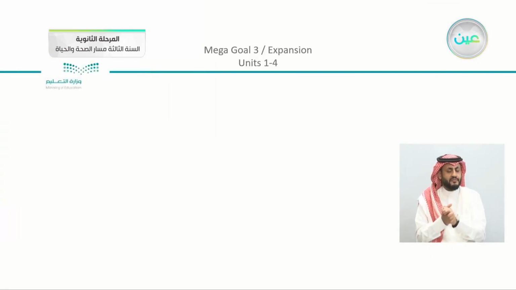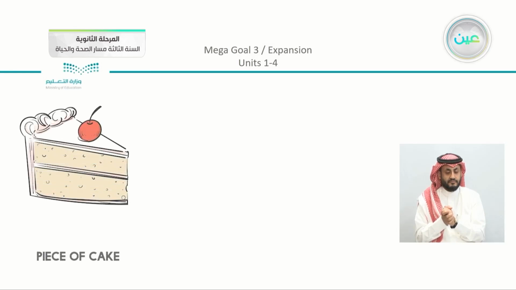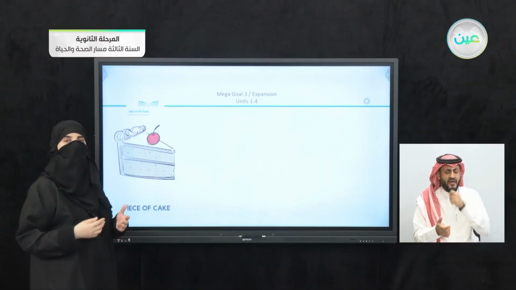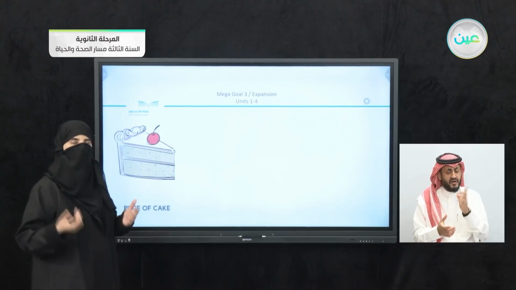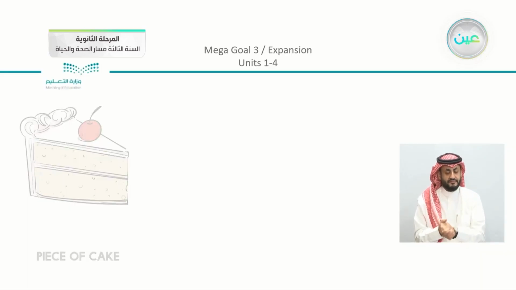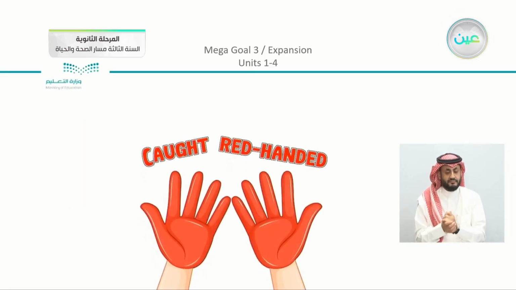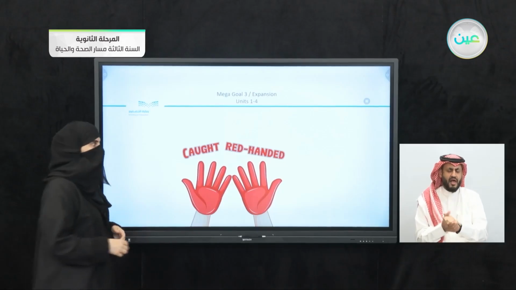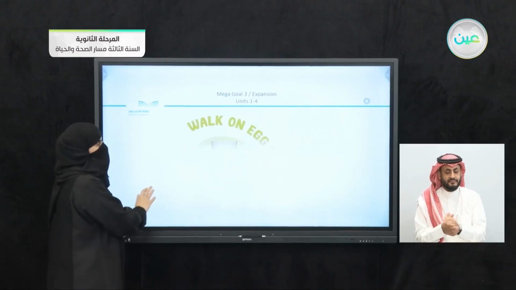We have the word idiom, we can say. Like, for example, a piece of cake. Now, when you describe something that it is very easy, you can say it's like a piece of cake. We have also another example here. Caught red-handed. Now, do you think that this means actually that a person's hands are red? Also, we have another one.